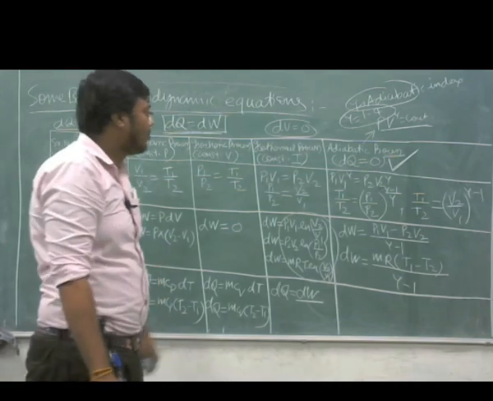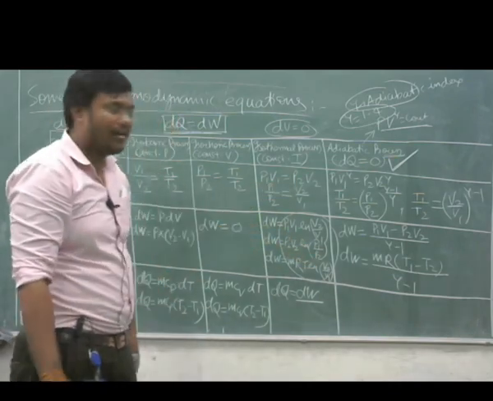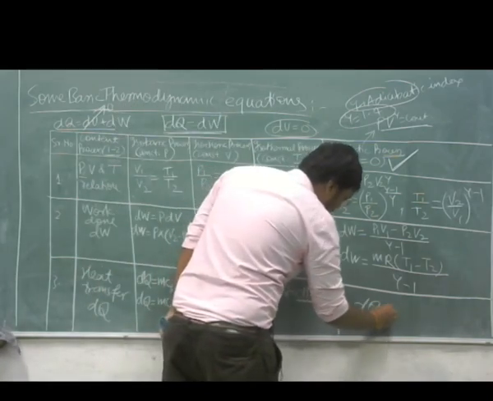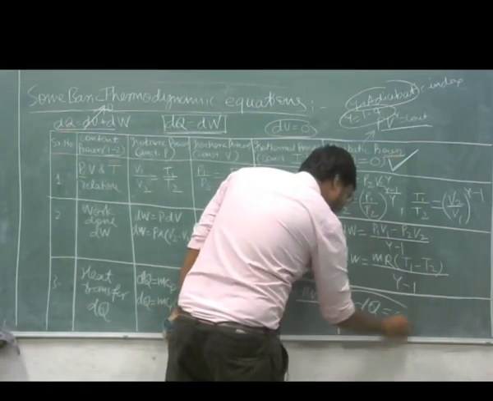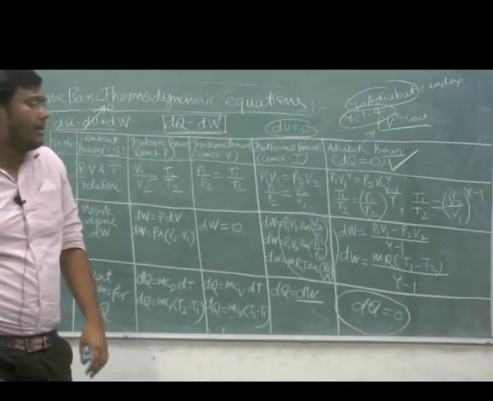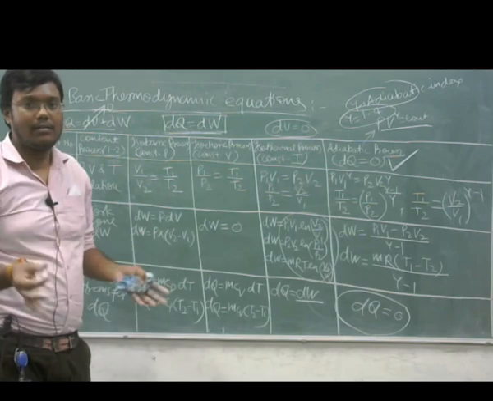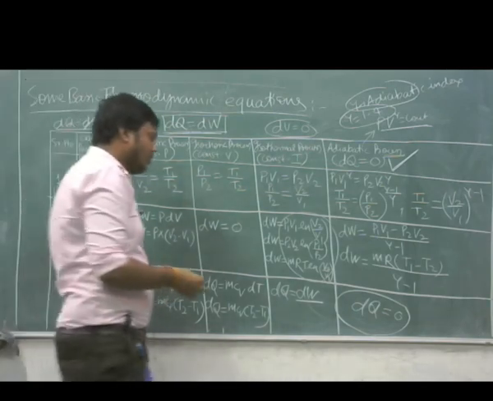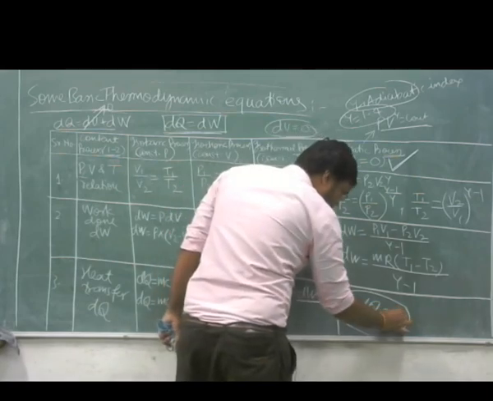So here also you need not remember any different formula. The process in which there is no transfer of heat is known as adiabatic process. So dQ is equal to 0.